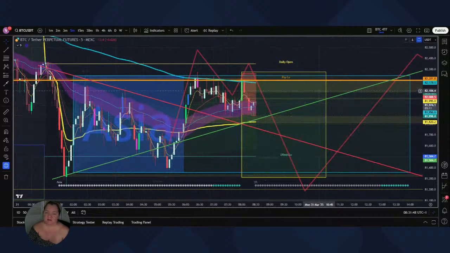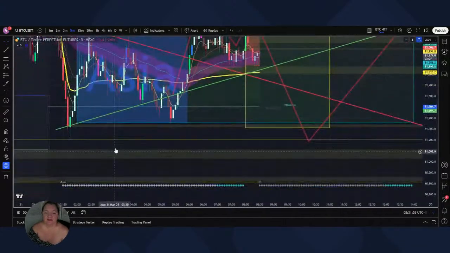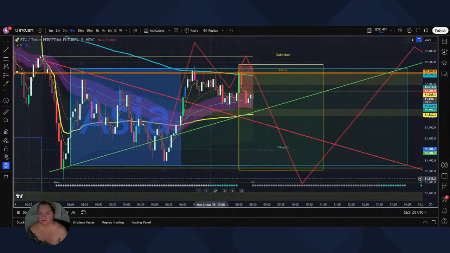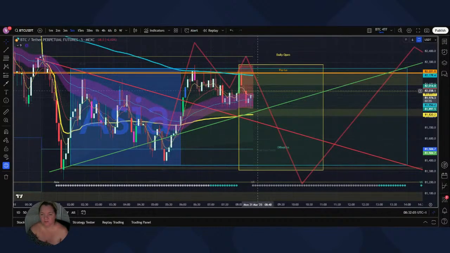But then this line is also support. And again, we just bounced off the fib. So there's lots of things to consider. But because this is my shorter term trade formation, I am short currently right now.